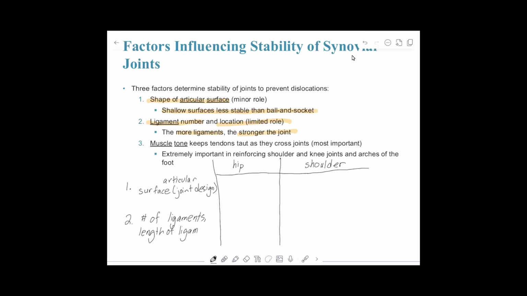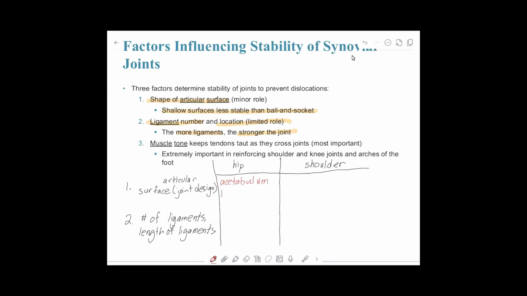So we're going to look at the first row first, the articular surface. For the hip, it has what's called the acetabulum. You've learned what the acetabulum is now. It's a deep cavity where the head of the femur fits.